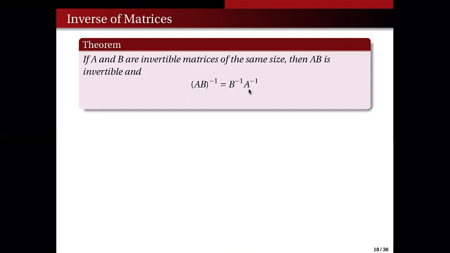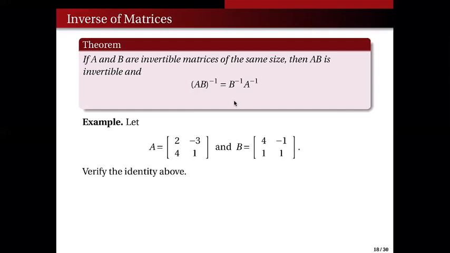Then the right factor will be the A inverse. So they will interchange. So again, if A and B are invertible matrices of the same size, then AB is also invertible, and the inverse will be calculated this way.